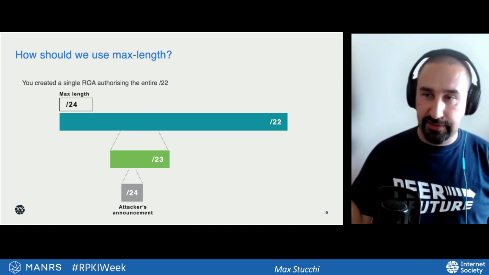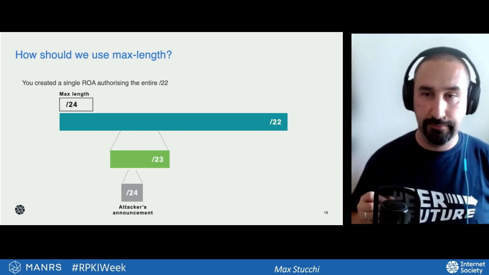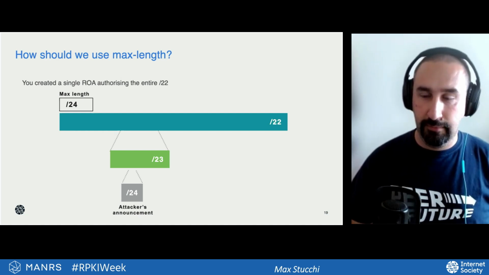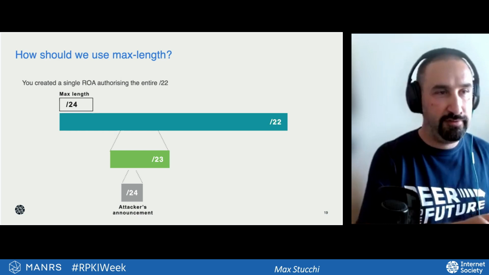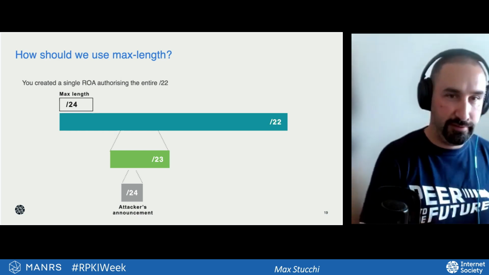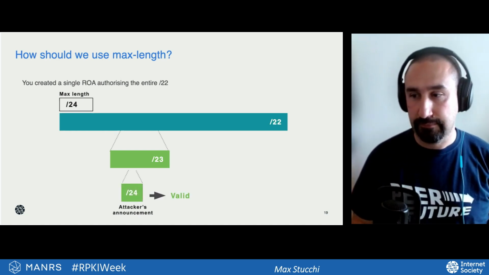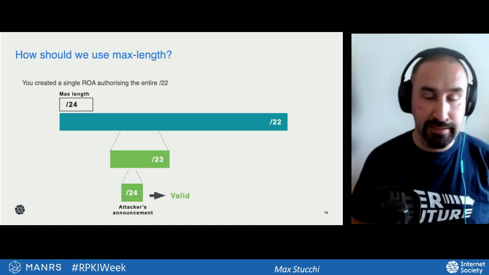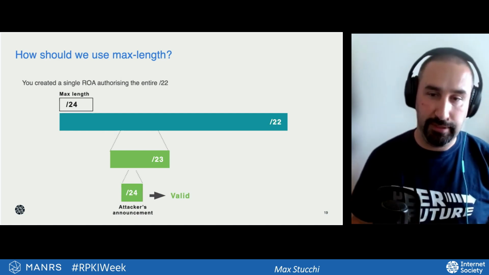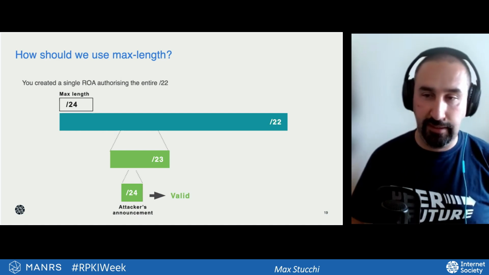At this point, you would have someone maliciously announcing a /24 with your ASN as origin. Behind their ASN, so the filters, because they added you to their AS set, the filters have been cleared, everything's fine. Basically, that would show up as valid. That /24 is a malicious announcement, which RPKI cannot distinguish from a legitimate one, because RPKI only looks at the origin, and it doesn't look at the AS path.